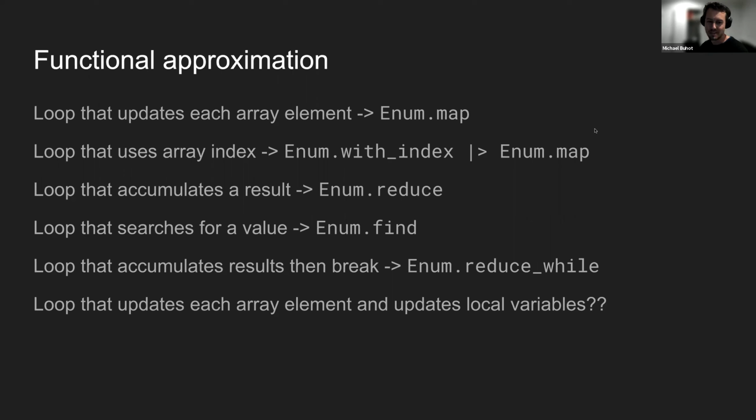If you need to accumulate a result, you can reduce. If you would normally search for a thing in a loop and then break or return early, you could use find. If you need to accumulate a result and then break or return early, you'd use reduce_while. But what about a loop that updates each element of an array and accumulates state in some local variables?